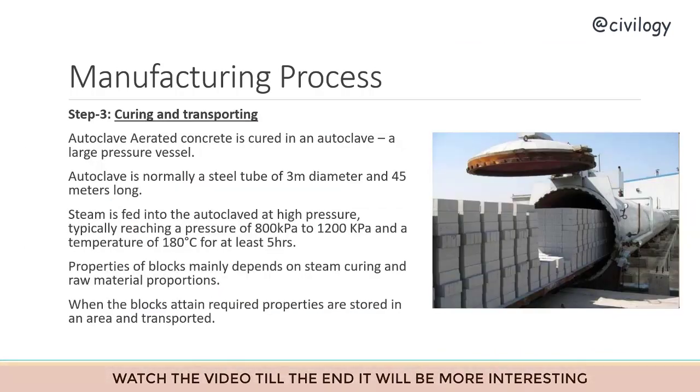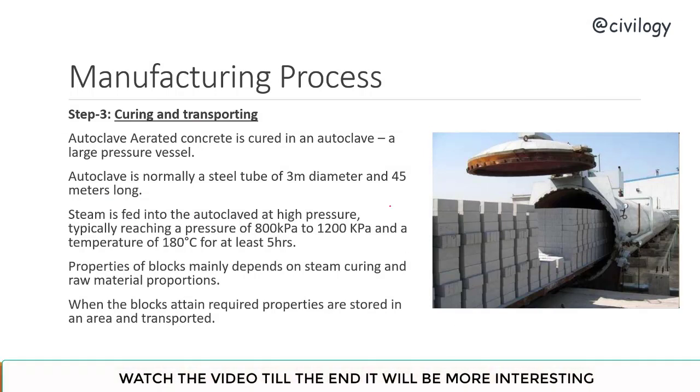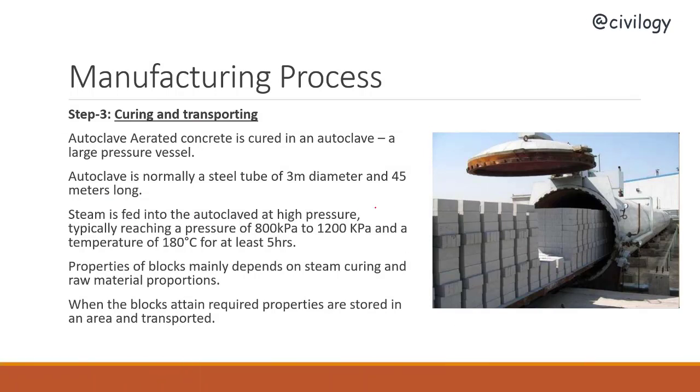In step 3, curing and transportation will be done. In the curing process, an autoclave of 3 meter diameter and 45 meters long tube is used for curing. Steam is fed into the autoclave at a temperature of 180 degrees Celsius, and this will be cured for at least 5 hours.